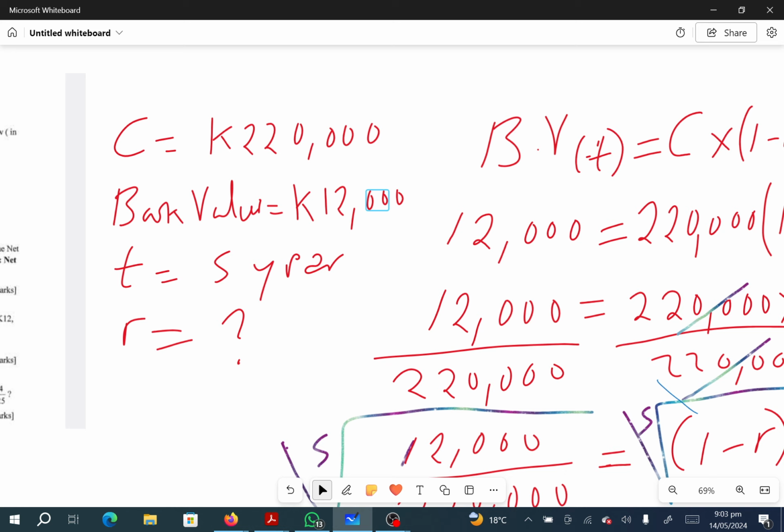So the rate we have calculated is 44%, meaning each year the asset lost 44% of its value. That's why at 5 years it had to reduce to this, because the rate was very high. I hope we have understood what this means.